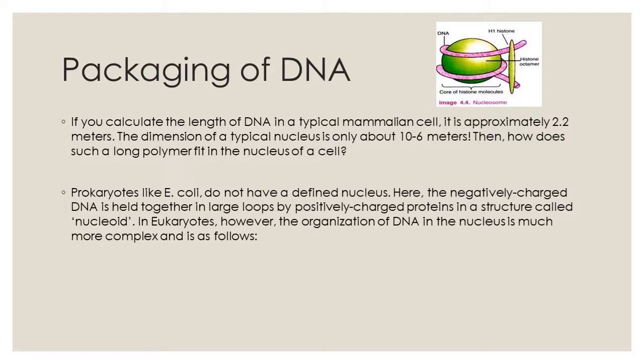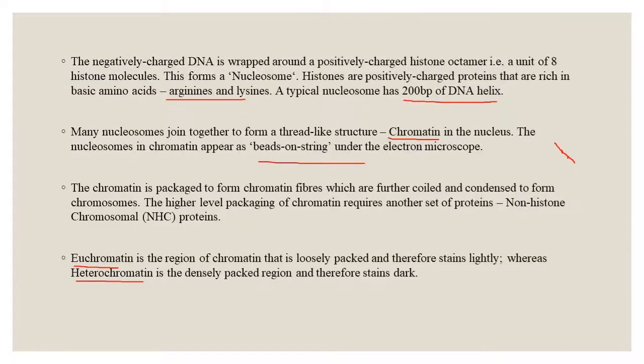Prokaryotes like E. coli do not have a definite nucleus. Here, the negatively charged DNA is held together in large loops by positively charged proteins in a structure called nucleoid. So you will come to know over here the difference between nucleoid and nucleolus, because in eukaryotes, the nucleus is present where the histone protein is present.